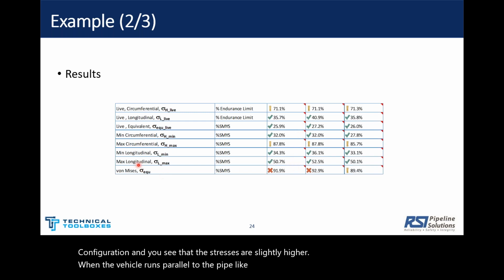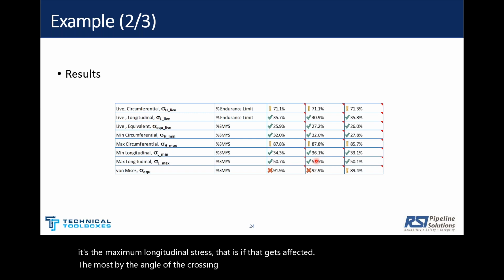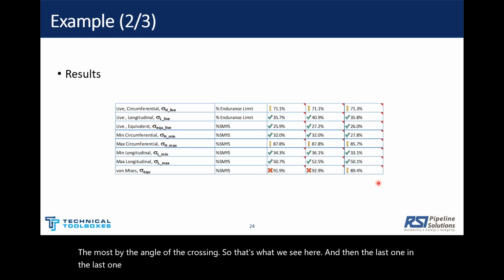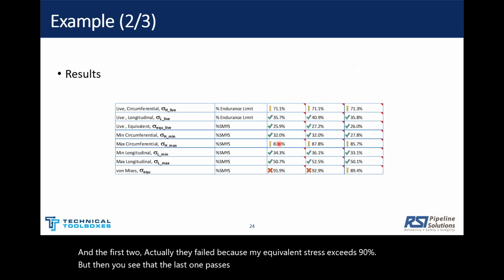Like for example, the maximum longitudinal. Usually it's the maximum longitudinal stress that gets affected the most by the angle of the crossing. So that's what we see here. And then in the last one, I used that K naught idea. And the first two, actually, they failed because my equivalent stress exceeds 90%, but then you see that the last one passes, right?